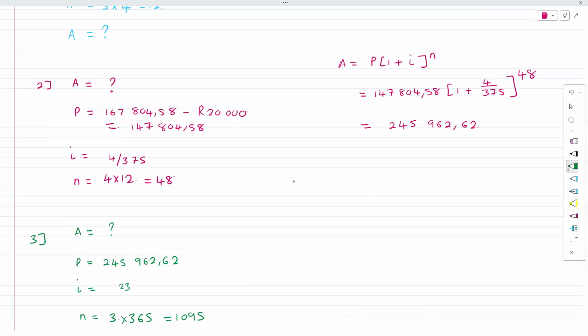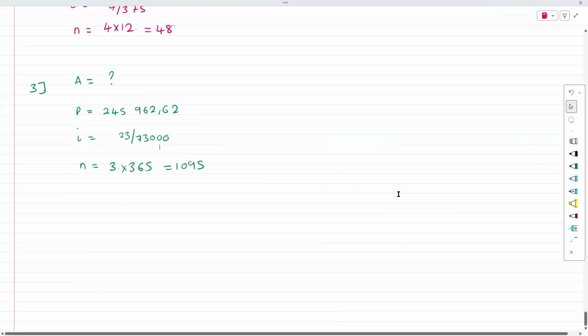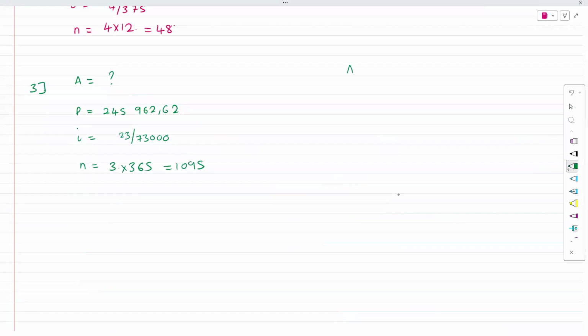Okay, I know I told you guys to use decimals, but sometimes it's unrealistic. If you can't use it and you're getting stuff in scientific notation, just leave it as is, but simplify as far as you can go. 1 plus I to the power of N. And this was 245,962.62.